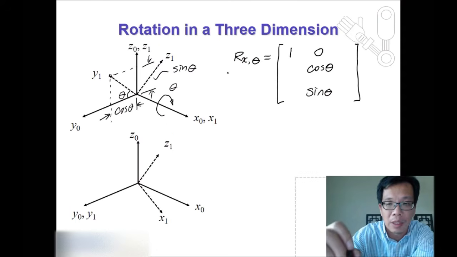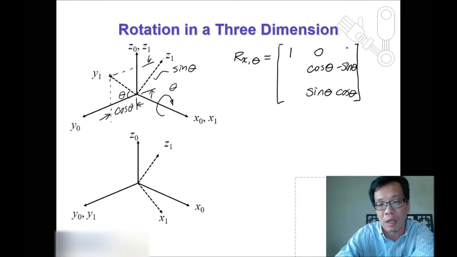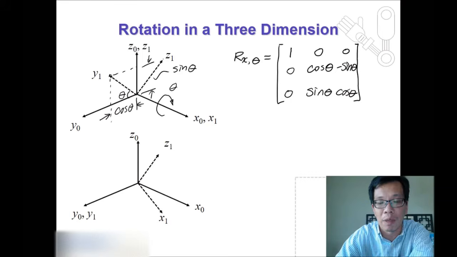So the distance between this point and z-axis is going to be sine theta, but keep in mind when we project this distance over here, it's going to be along the negative y0 direction. So we're going to have a negative sine theta over here. Along the z direction, it's going to be cosine theta. And again, we do not have any projection along x0 or x1 axis. So this one over here is going to be 0. Same for these two components. So this one over here is going to be the transformation matrix when we are rotating about x-axis.